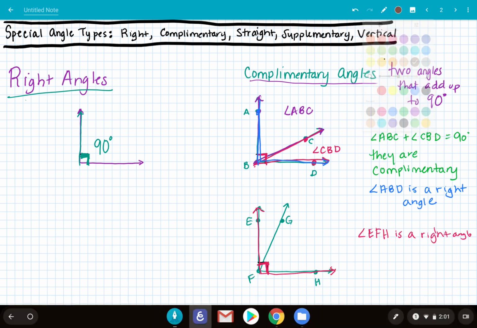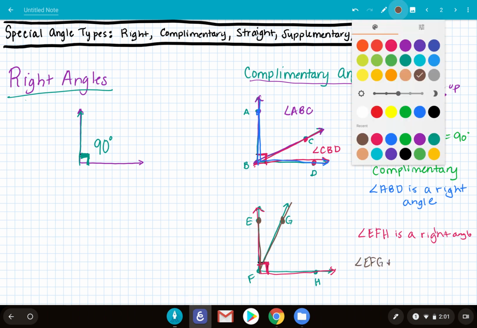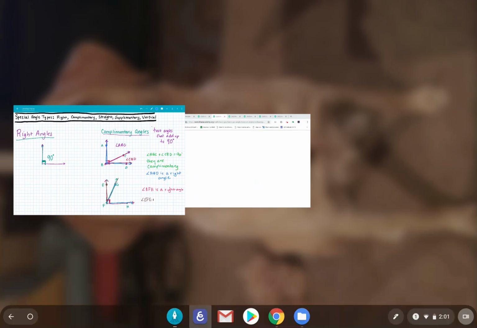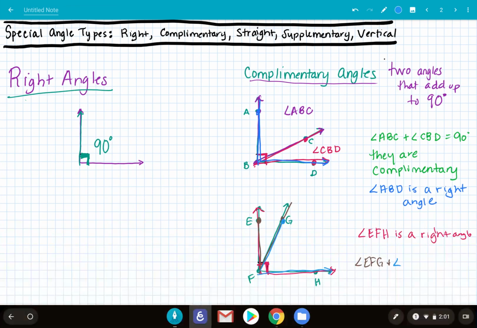And then I also know that angle EFG and angle GFH are complementary. And I know that because I know that together they form this one angle EFH, which is 90 degrees.